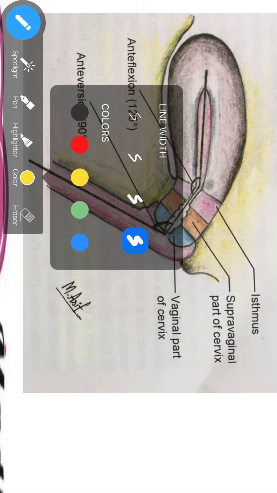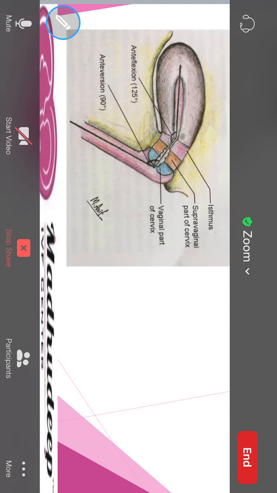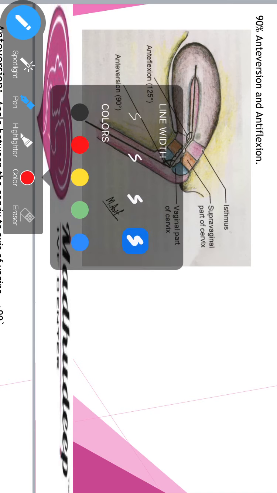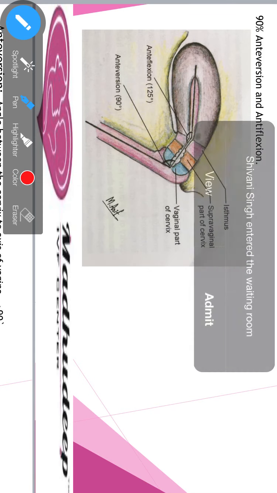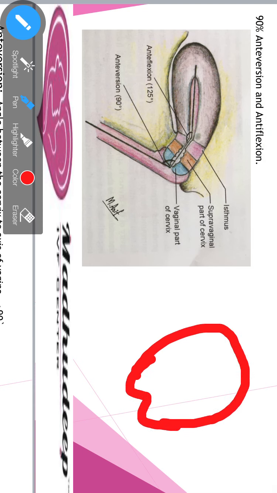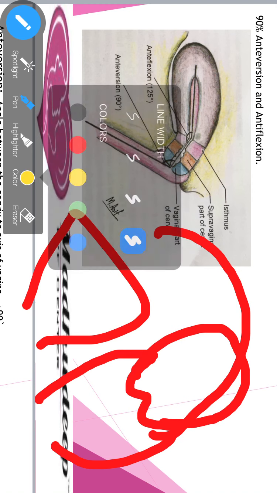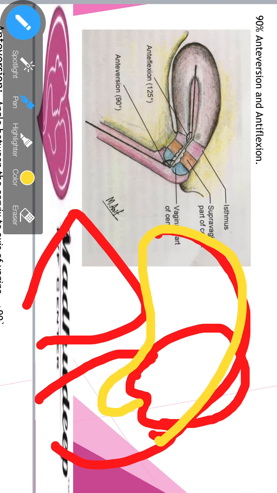Suppose this is the uterus, this is the vagina, this is the bladder. If the uterus is lying like this, it is called an anteverted uterus because it rests on the bladder anteriorly.